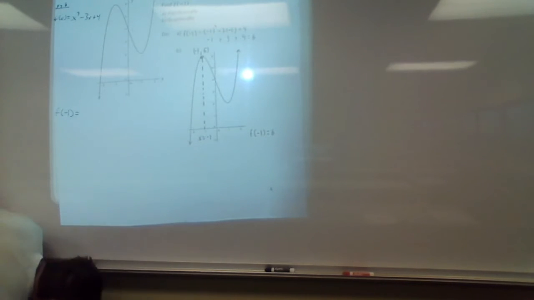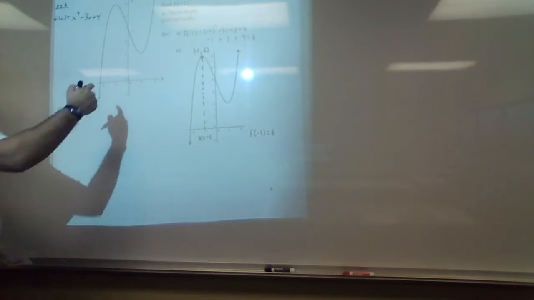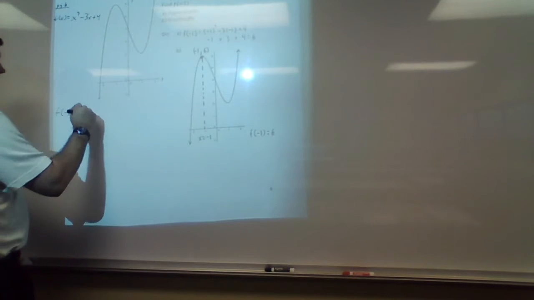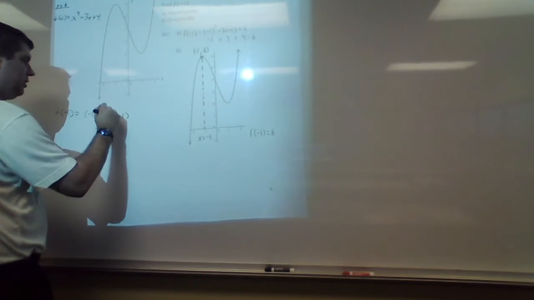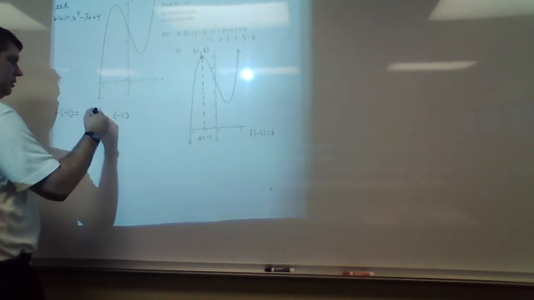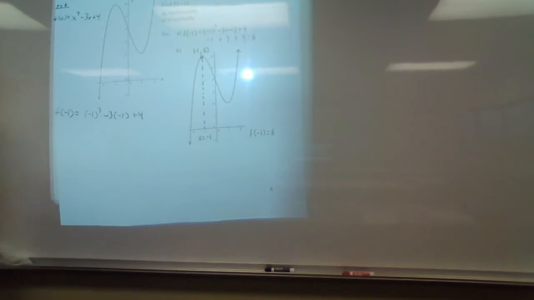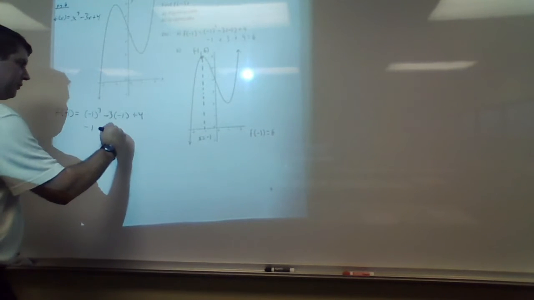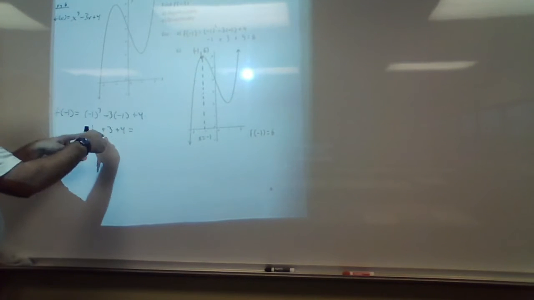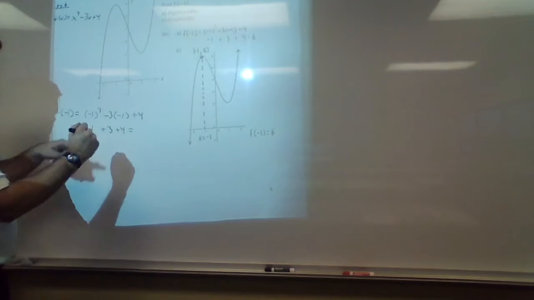If I was going to do it algebraically, that would be negative 1 cubed minus 3 times negative 1 plus 4. Okay, that's going to be negative 1. Negative 3 times negative 1 is positive 3, plus 4, I get 2, plus 4 is 6.